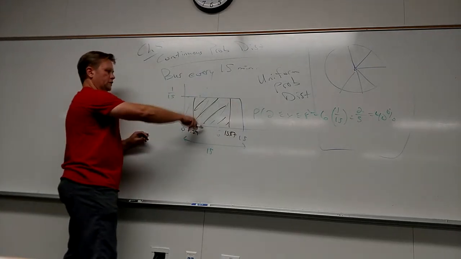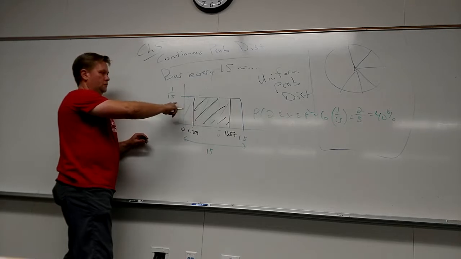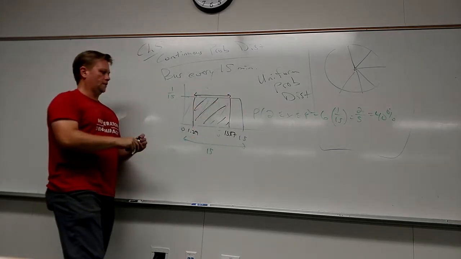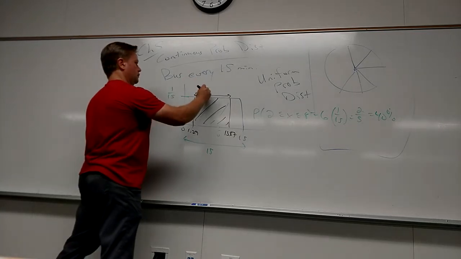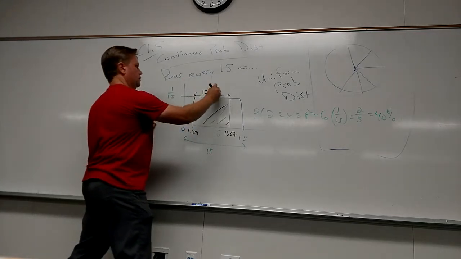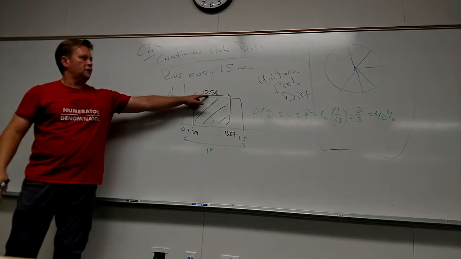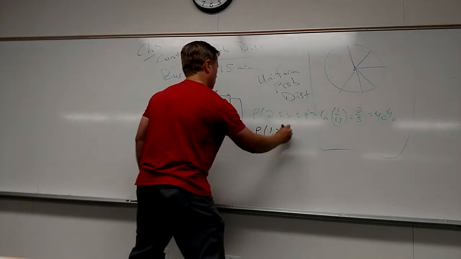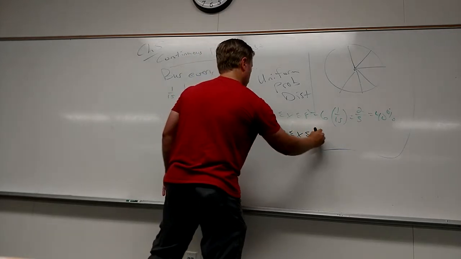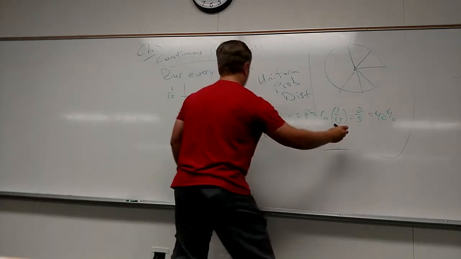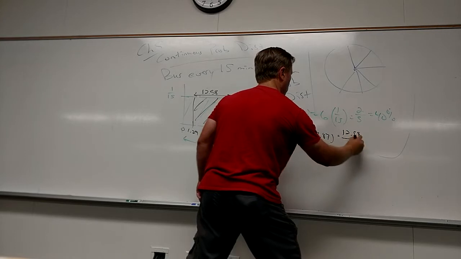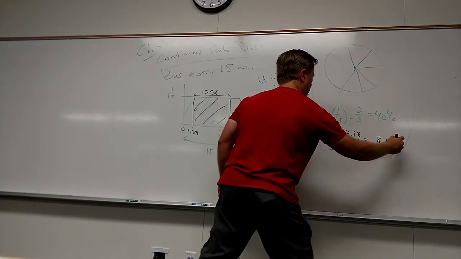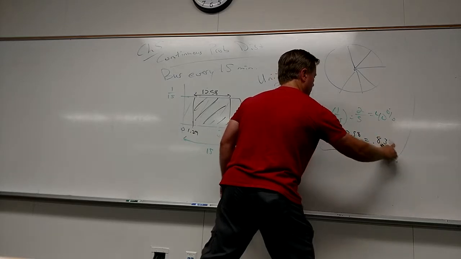Because how tall is this rectangle? 1/15. And how wide is this one? 12.58. Yeah, that's about right. So 12.58 times 1/15. 0.839 or 0.8386. Beautiful.